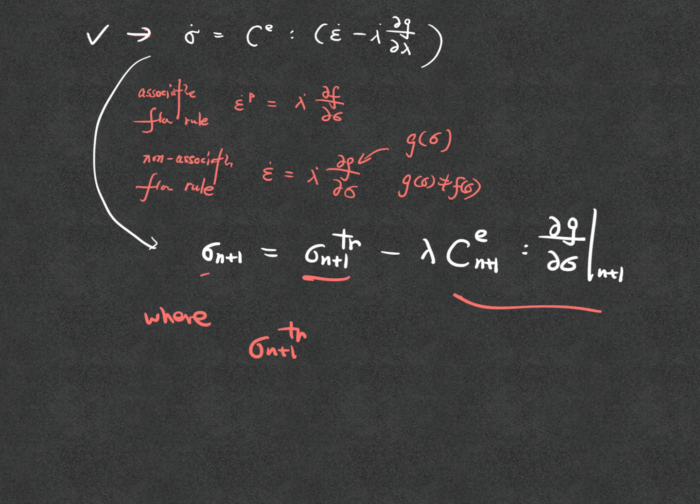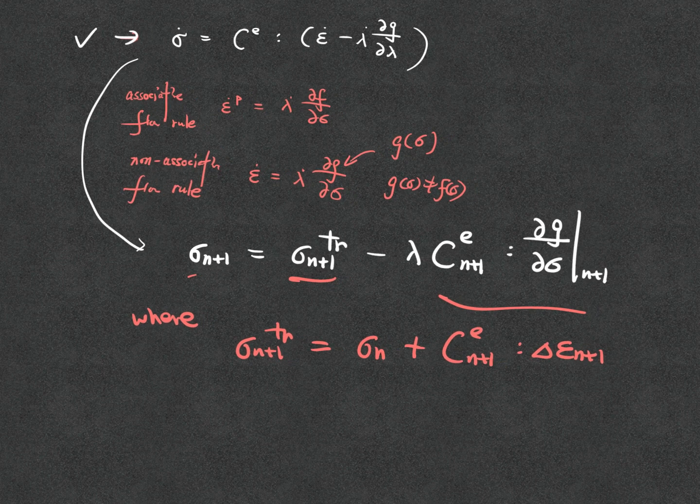We obtain the trial stress by assuming that the entire increment is completely elastic, which is actually a wrong assumption that we previously made, and then we rely on the last term to give us the corrections. Okay, so far so good.